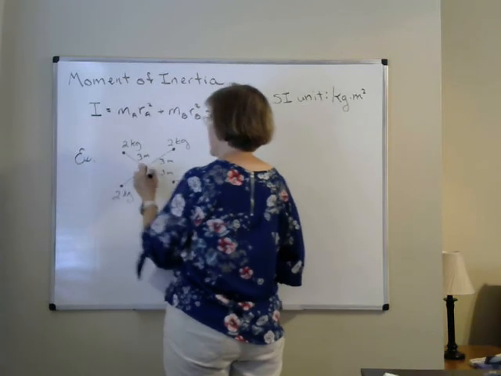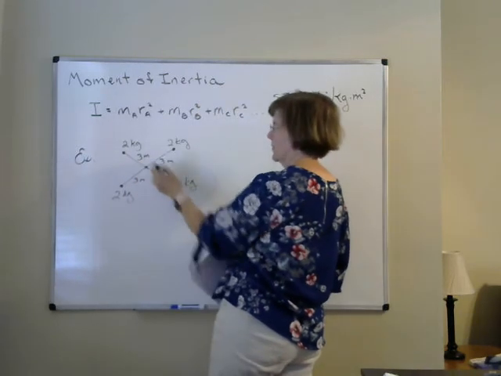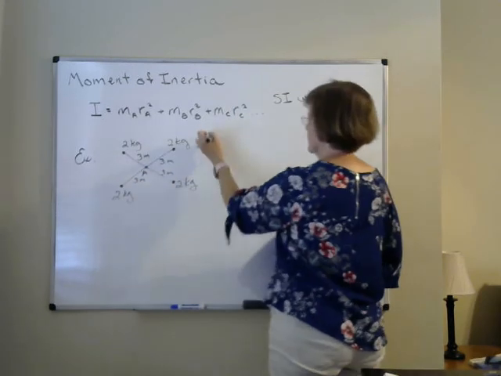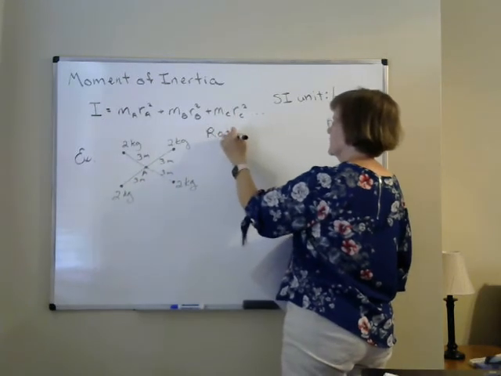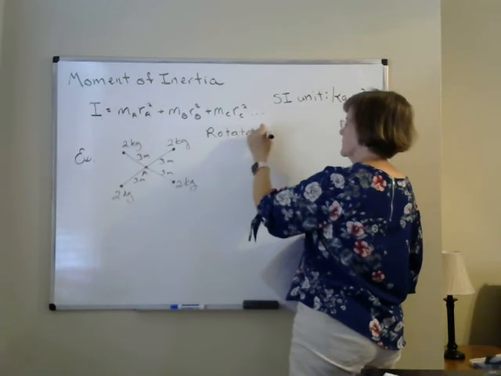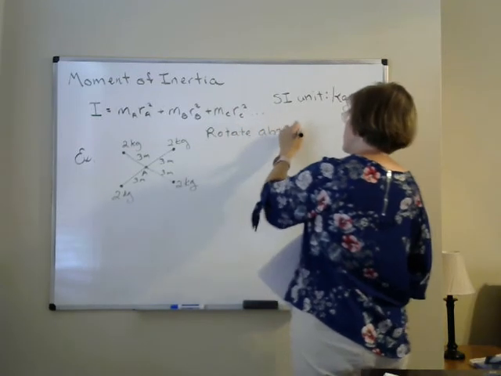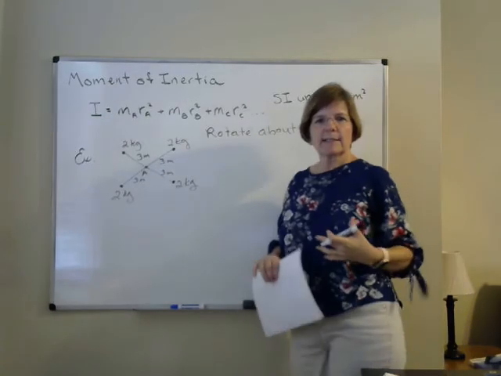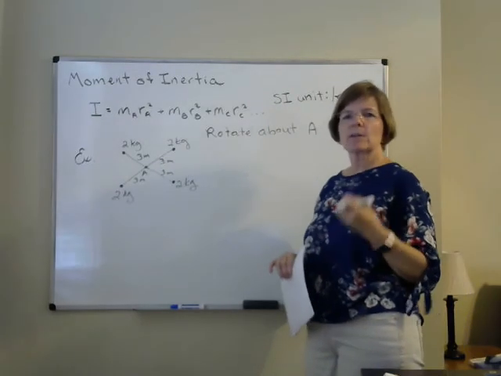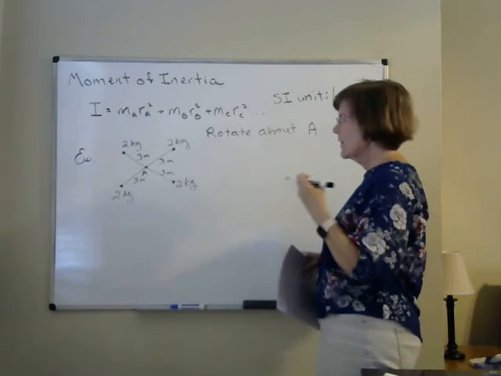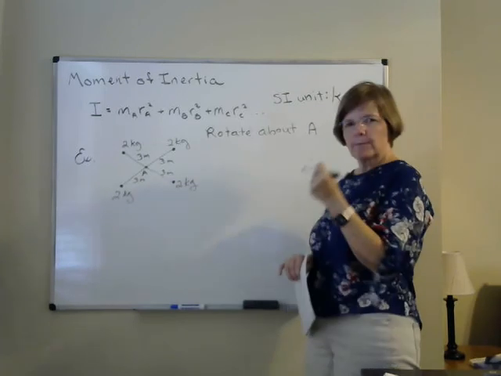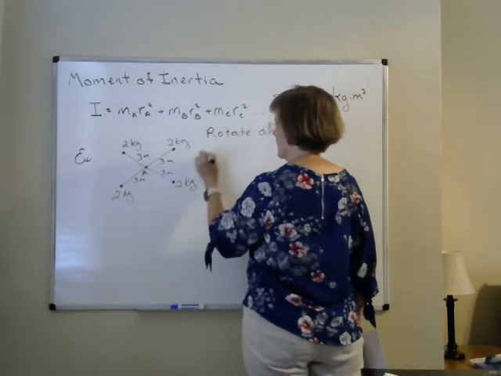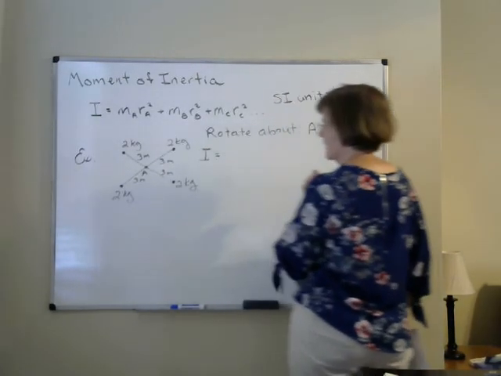So if we're rotating about an axis right here, rotating about point A, as long as the rods or whatever is attaching all these points for this solid are really, really light, and all of the mass is concentrated at these little spheres I put on the end, I can calculate a moment of inertia that looks like this.